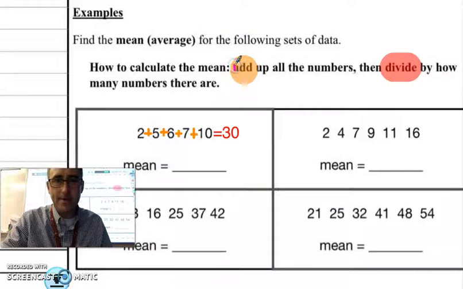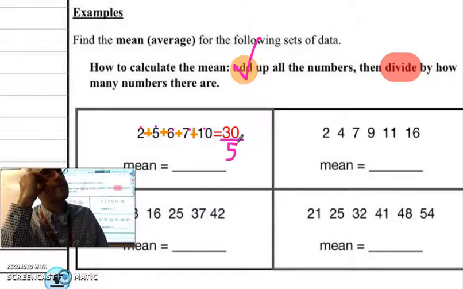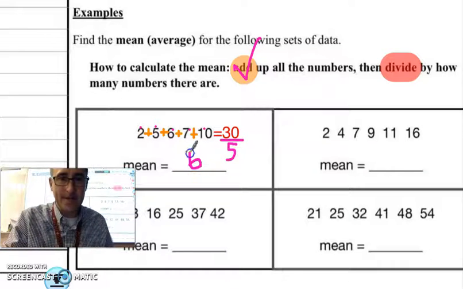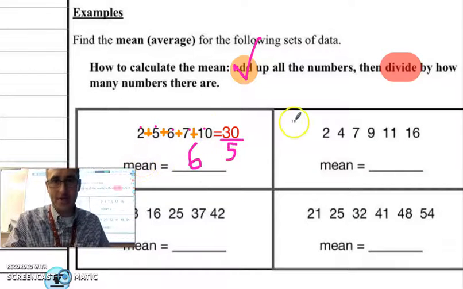First step, done. Second step, then we're going to divide by how many numbers there are. There's 1, 2, 3, 4, 5. Divide 30 by 5. Use your calculator. 6. So our average is 6. Let's try this next one together.